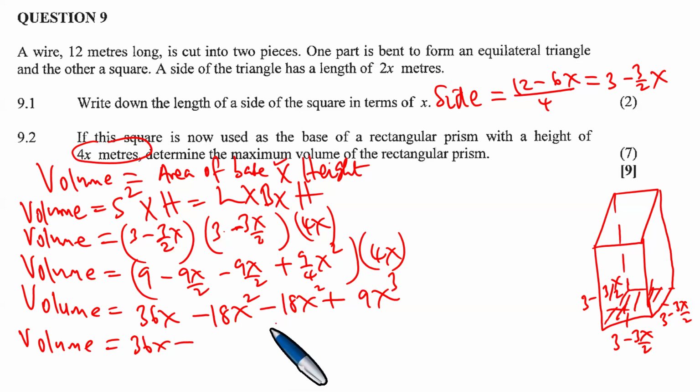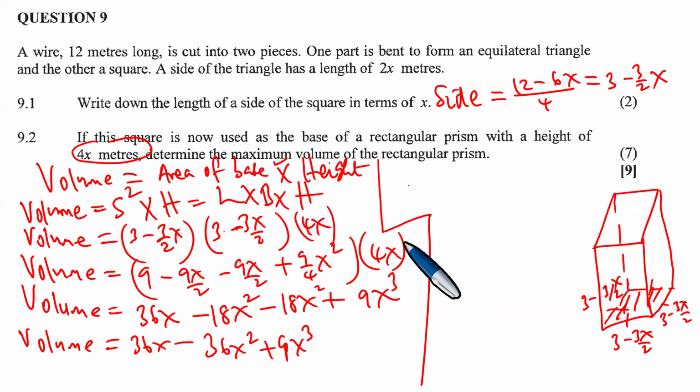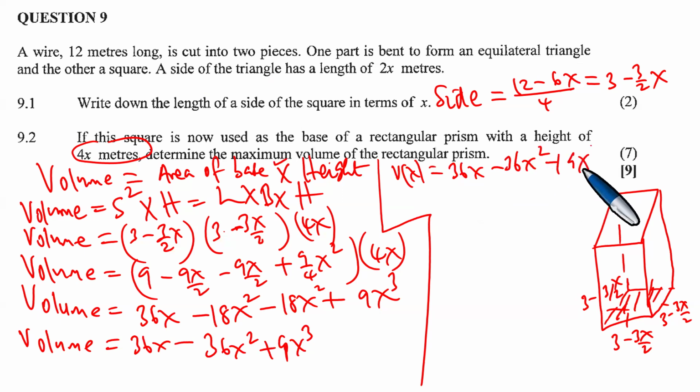So it's 36x minus 36. Okay, let's deal with the volume, which is 36x minus 36x squared plus 9x cubed.